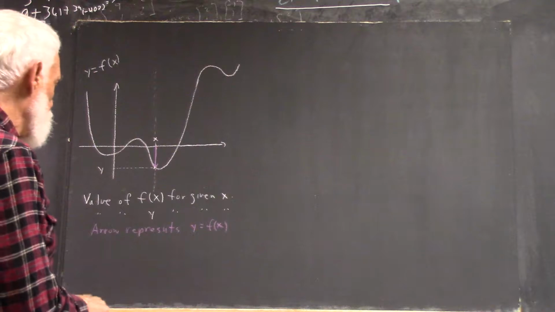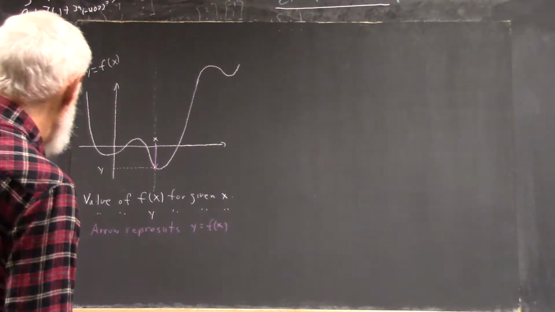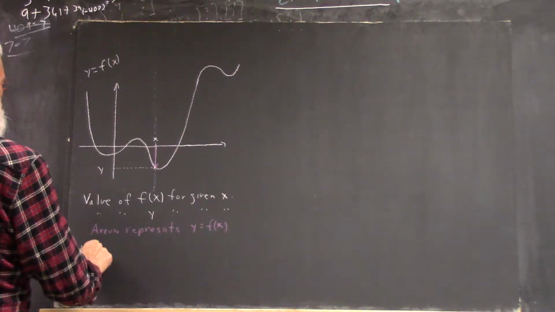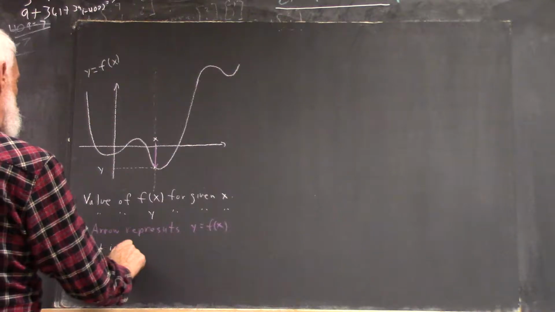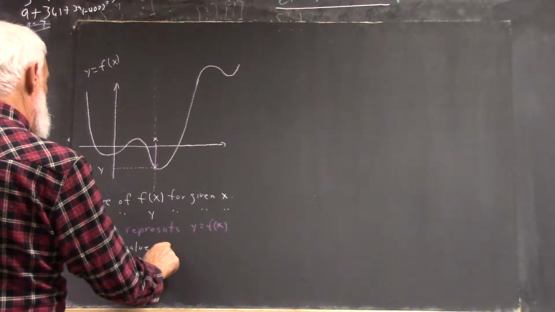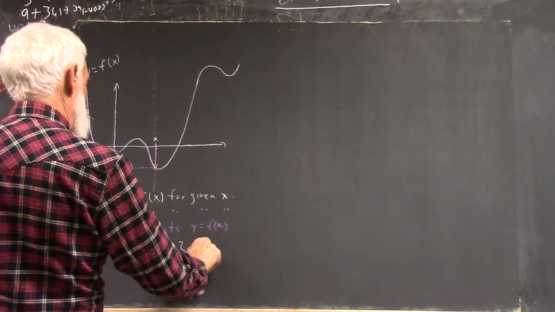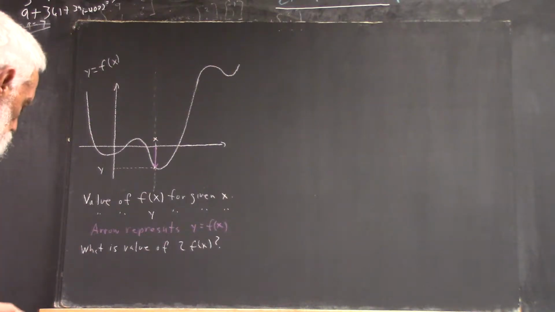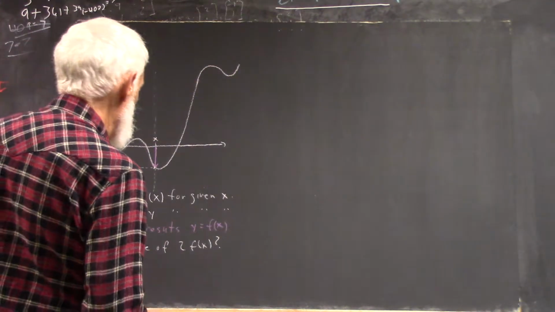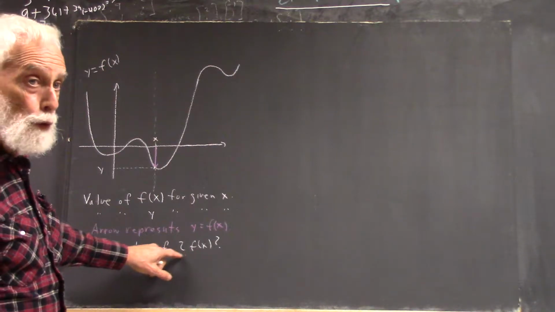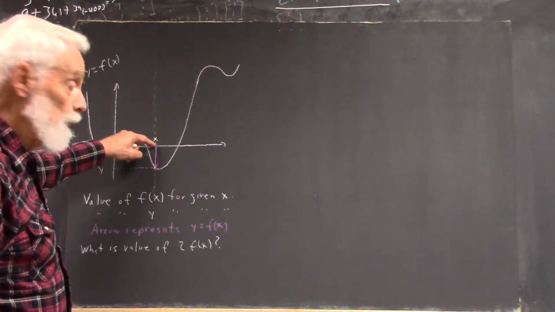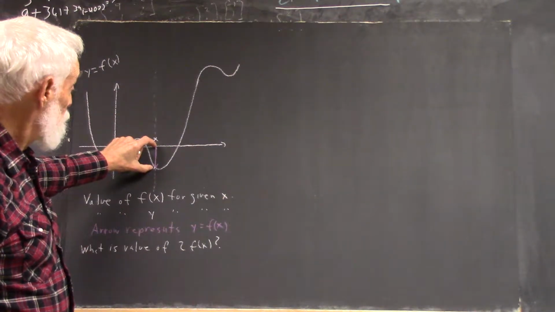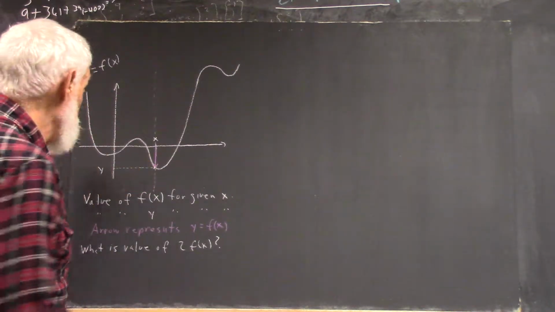Now, let's suppose we wanted to graph 2 f of x. It's going to get a little crowded here, but that happens. Okay? Well, 2 f of x means 2 times f of x. And for this particular x, this arrow represents the value of f of x. So 2 of these arrows would represent the value of 2 f of x.